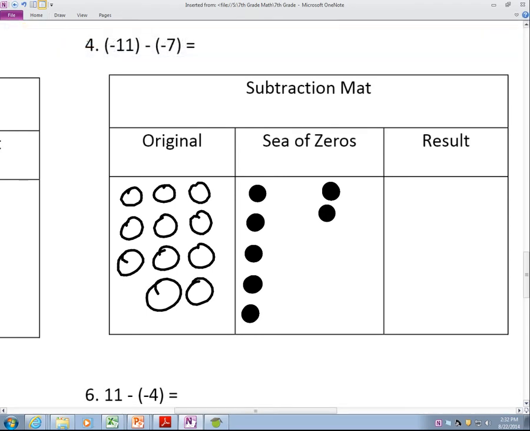Draw 1, 2, 3, 4, 5, 6, 7. Because this is a sea of zeros. We have to make it be zeros in there. Yep, like cancel it all. Because we have positive integers and negative integers hanging out with each other, and they be 0.